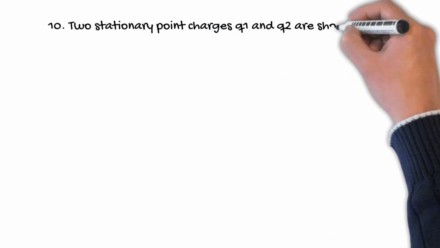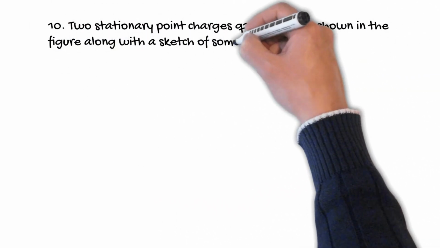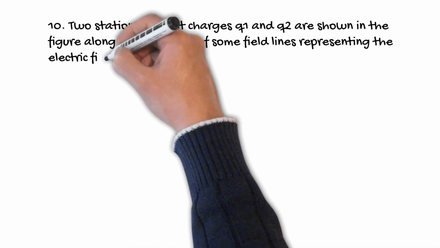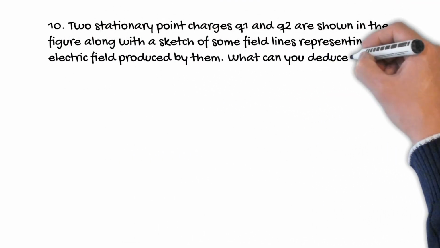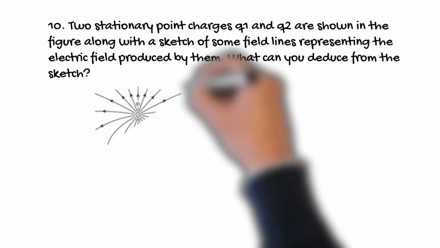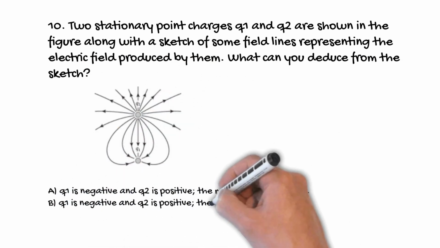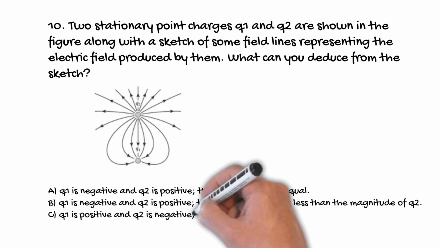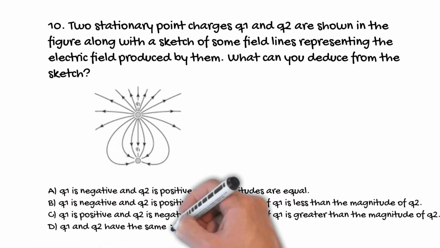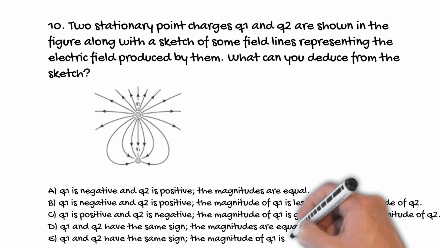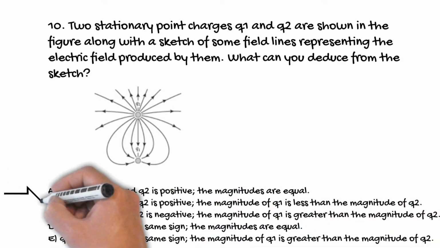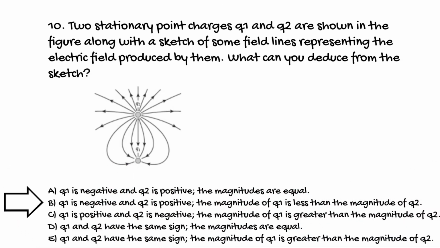But again, when you see the diagram, you will see that the lines are coming towards Q1, so Q1 is a negative charge, while the lines are going away from Q2, so Q2 is a positive charge. So Q2 is bigger and positive, Q1 is smaller and negative. Therefore, the answer is B. Q1 is negative, Q2 is positive. The magnitude of Q1 is less than the magnitude of Q2.